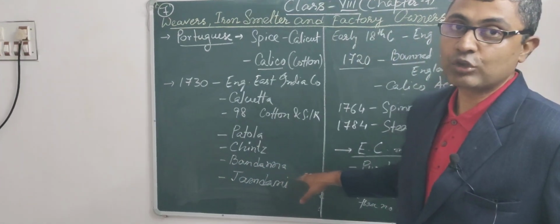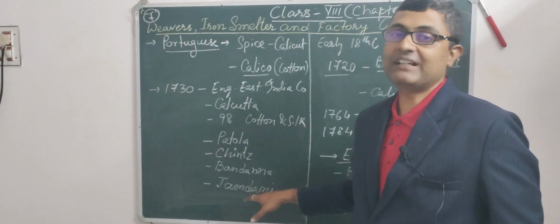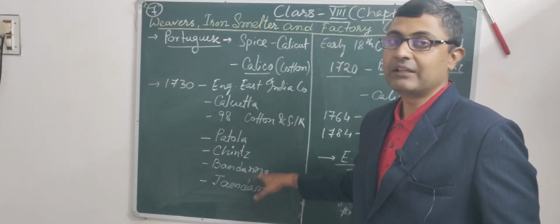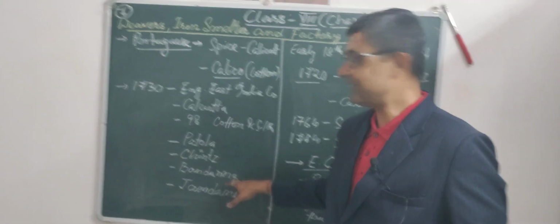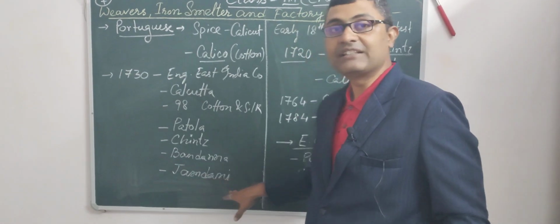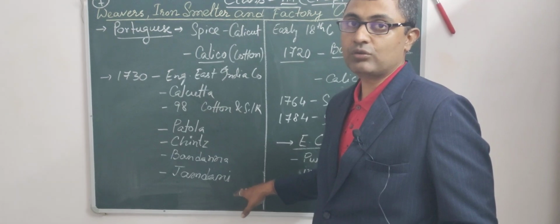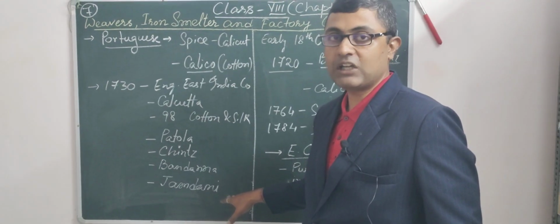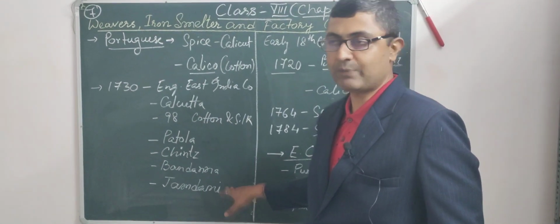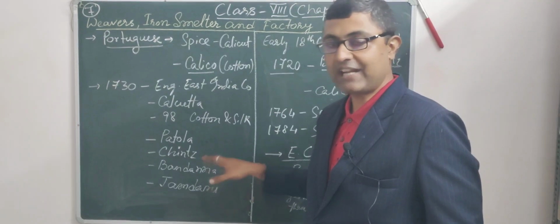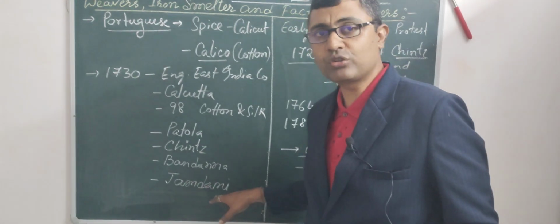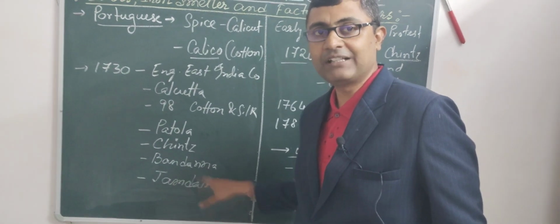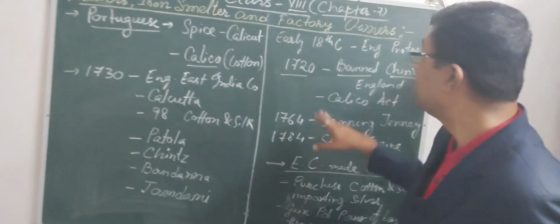Bandhana is a cloth made by tying and dyeing. We get bandhana in the Rajasthan and Gujarat region. And jamdani. Jamdani is a cloth found in East Bengal, presently Bangladesh, and West Bengal. So these are a few types of clothes we can find during that time.